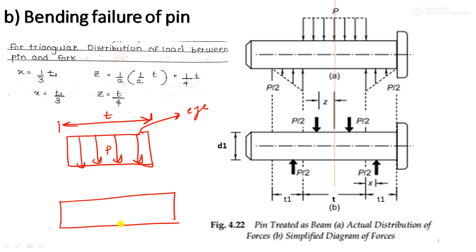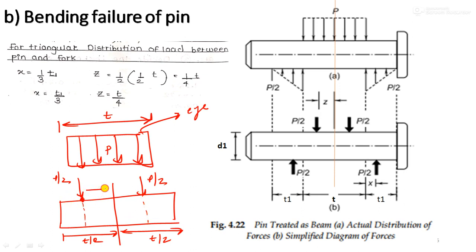We have divided this force P into two parts from the center. Imagine this P/2 is acting at the center of t/2, so P/2 is again acting at the center.